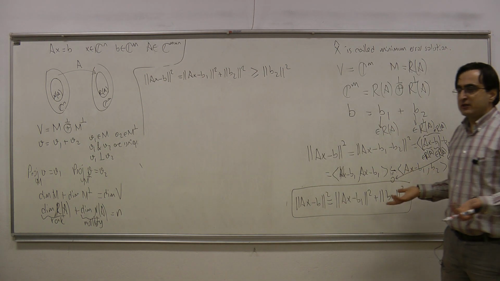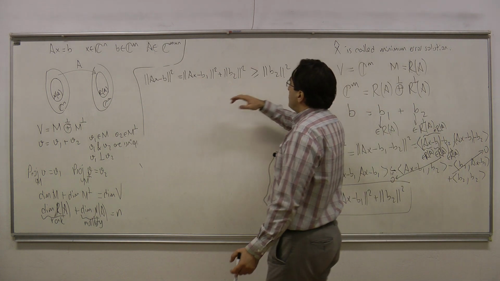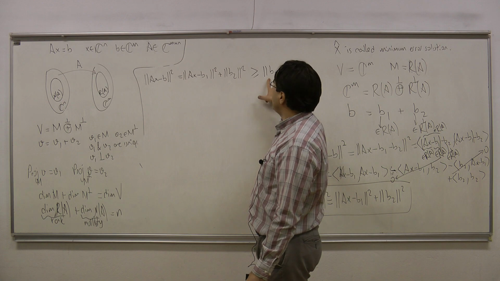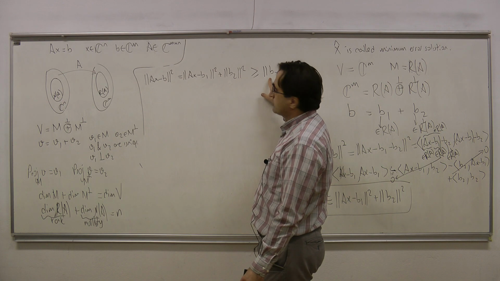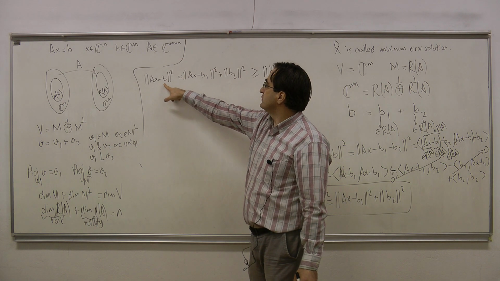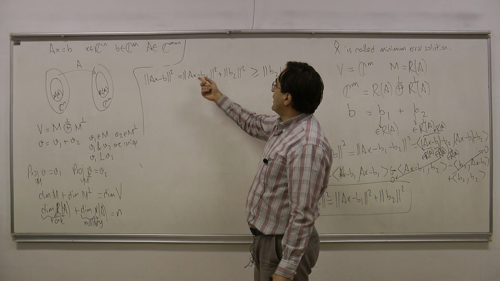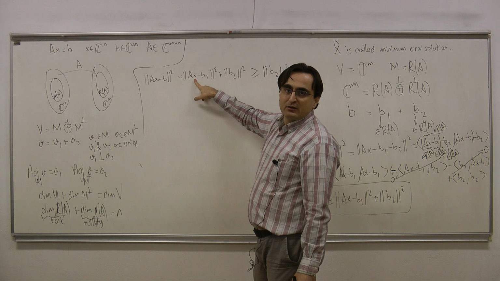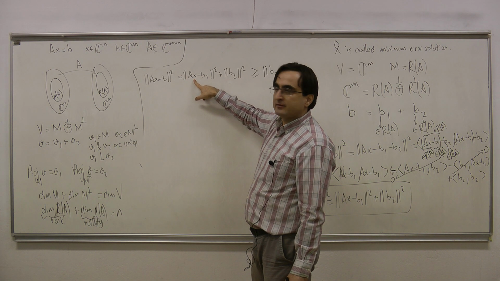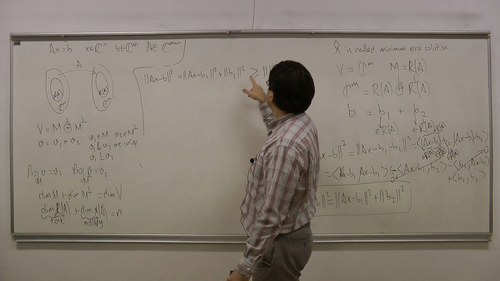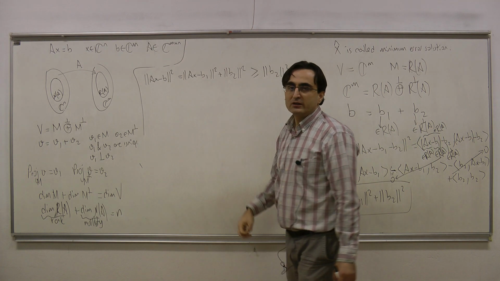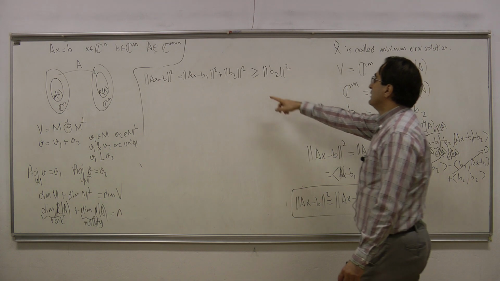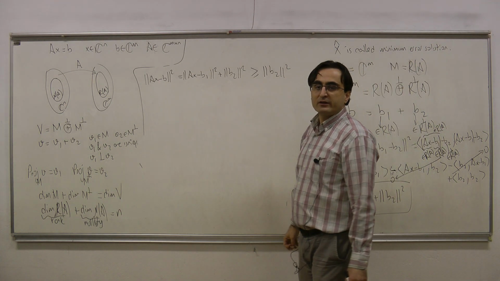So now the question that I would like to ask is: by choosing a specific x, can you reach this lower bound? This b2 squared is a lower bound for our function, okay? And I'm asking you: by choosing a very specific x, can you turn this inequality into an equality?